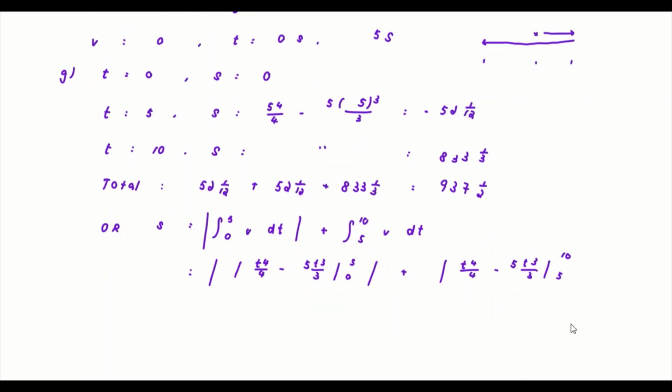When you substitute 5, you are going to get this number, and when you substitute 0, you get this number. The last part, when you substitute, I get 833 1 over 3. Then minus, the second one is negative 52, then 1 over 12.